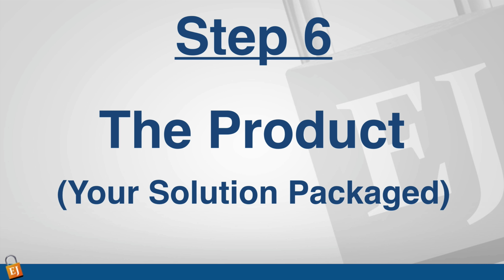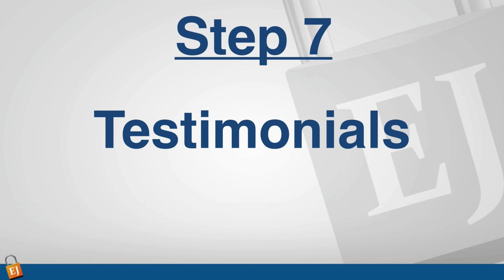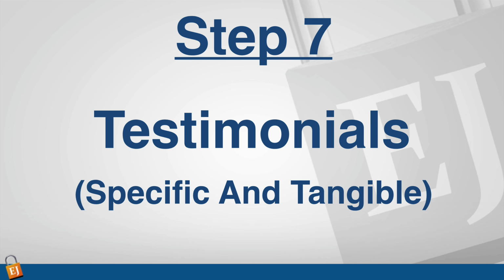So if there are 6 modules in a course, list the individual benefits of each module. And of course, you can see my sales pages and how I do that if you want an example of introducing a product.